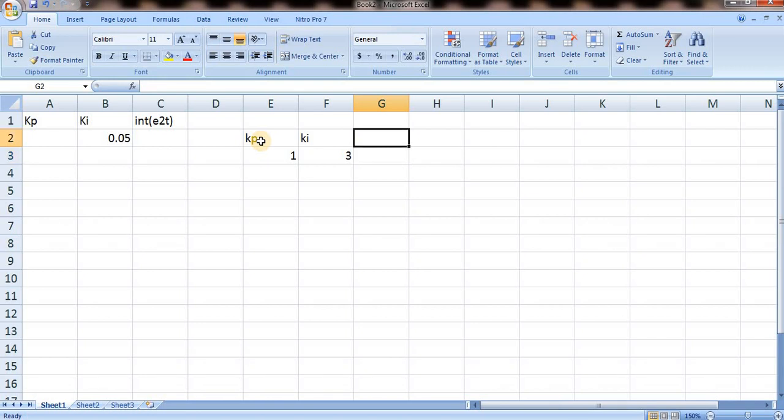This is my duty cycle. Let us assume if my error is 2, initially my error is 2. So what will it be? 1 into 2 plus integration of 3.